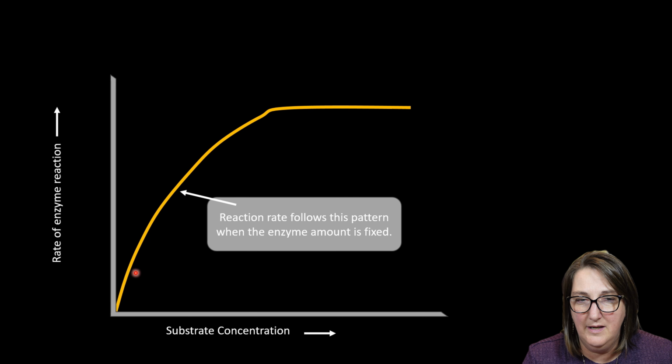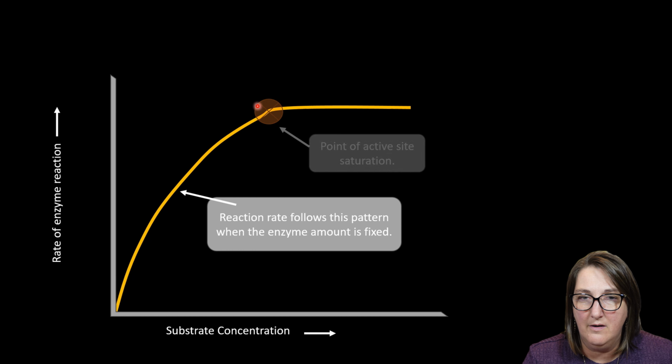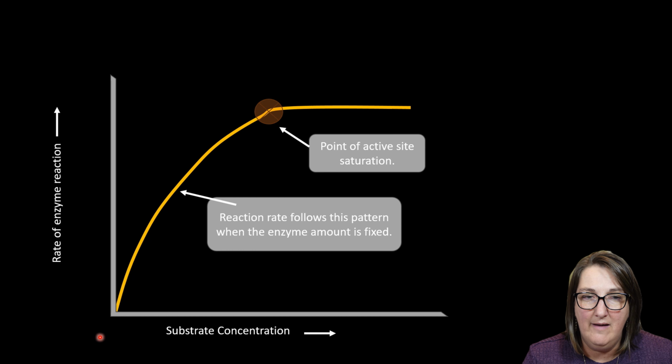This line here is saying that the reaction rate follows this pattern when the enzyme amount is fixed. So let's say I only have 100 enzymes in this solution that are working. There's going to come a point, right here, where I'm going to have site saturation. I have my 100 enzymes and I have the substrate concentration.